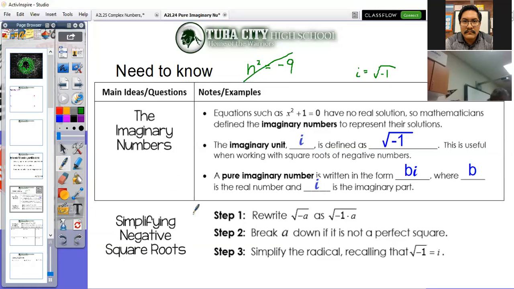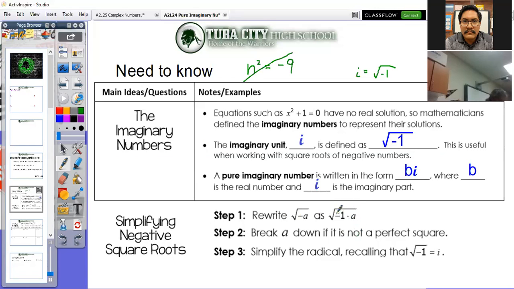So we need to know how to simplify negative square roots. So here we have the square root of -a. What I'm going to do is break it down so that a and -1 are not together anymore. So -1 is a factor that makes a negative number. Just like splitting numbers apart yesterday when we were simplifying radical expressions, same thing.